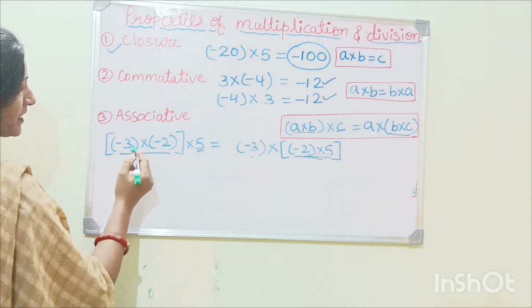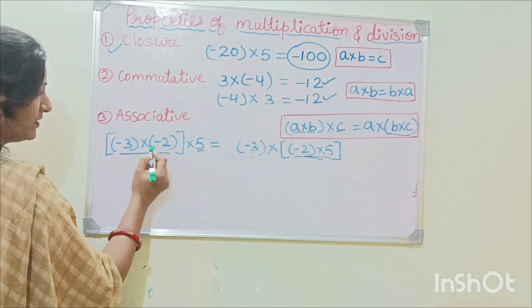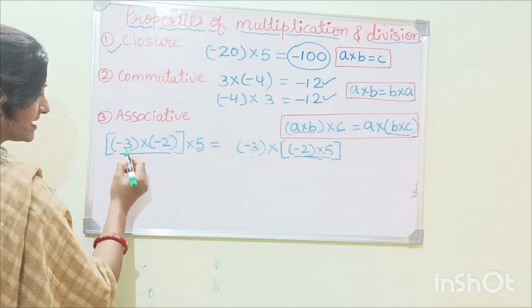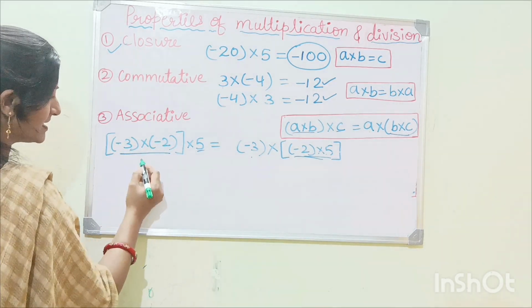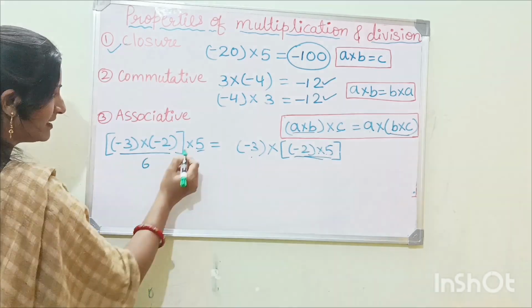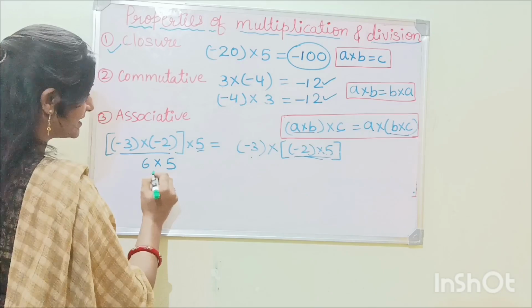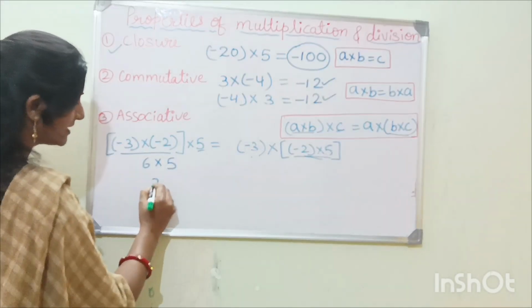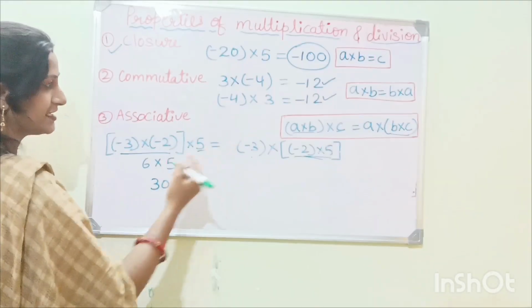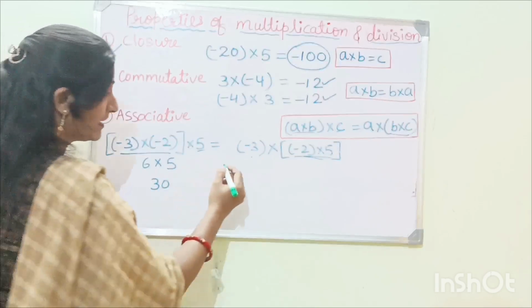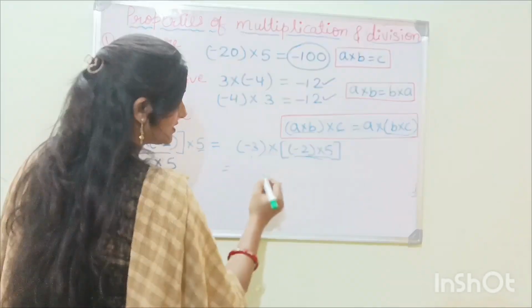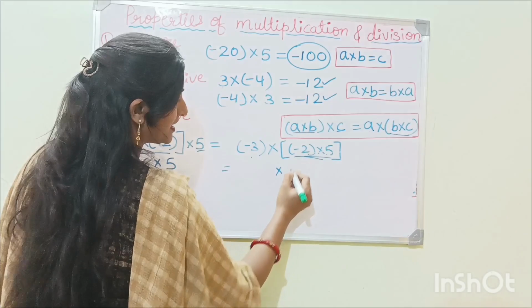Let us check. Here the product of these two, 3 2s are 6, and minus into minus is plus. So plus 6 we are getting here into 5. Here again 6 into 5, 30. So plus 30. Let us check after regrouping. The product of these two, 5 2s are 10.